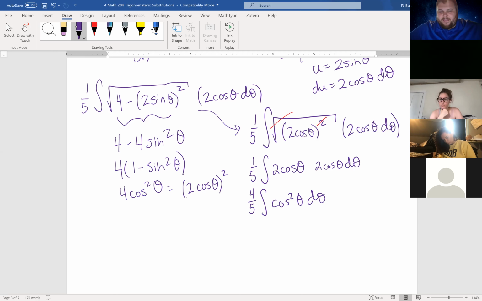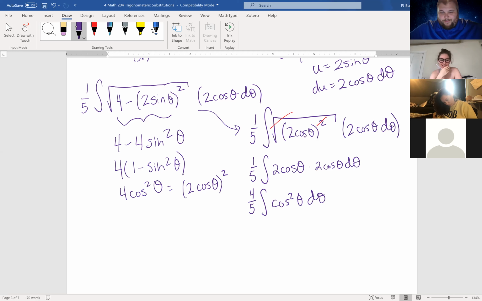Could you use trig integrals? Absolutely, right? This is the stuff we did last time. So I need to replace cosine squared. So what do I choose for that? Do I want to use the Pythagorean identity, or do I want to use the double angle formula? Or sorry, the power reducing formula.